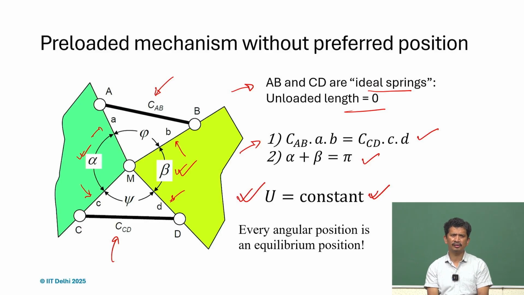Therefore every angular position is an equilibrium position. We can put it anywhere and it will stay. So it is a very good mechanism, and it can be used for many applications, for joints where we don't want any kind of preference in position.